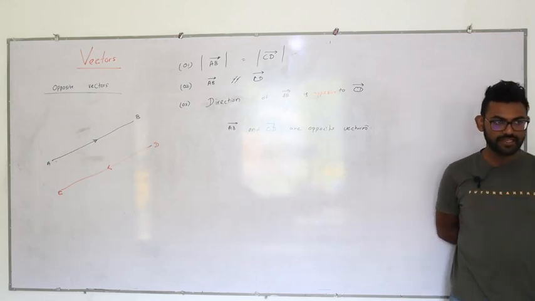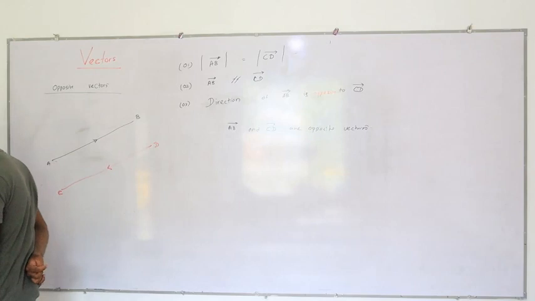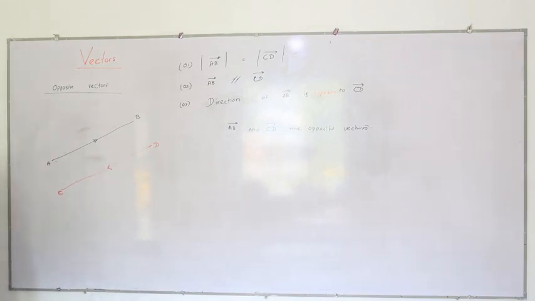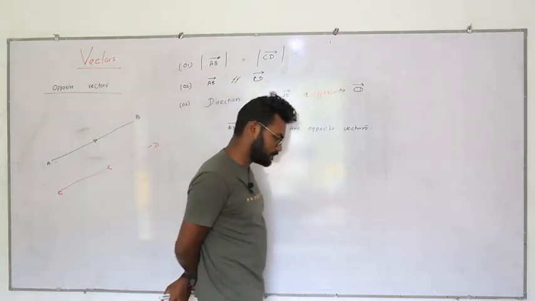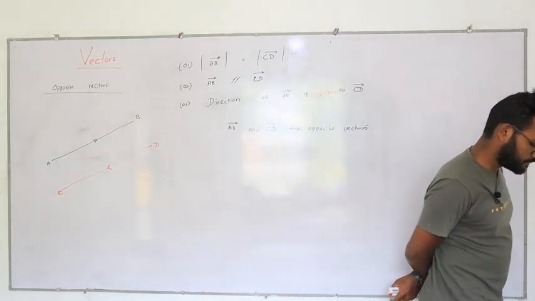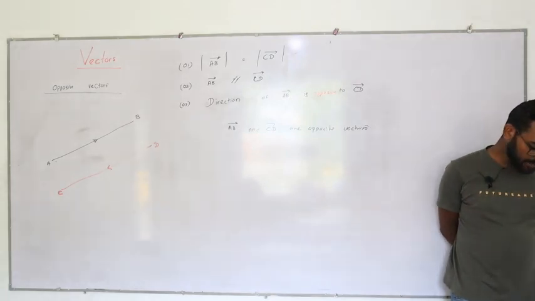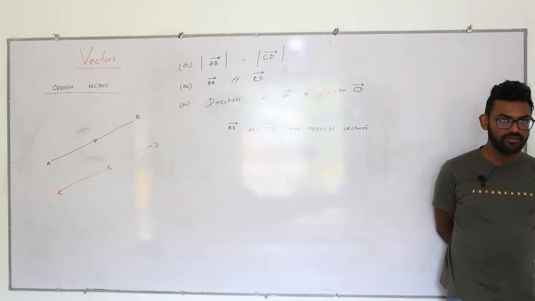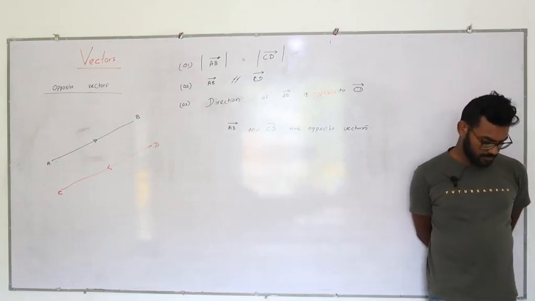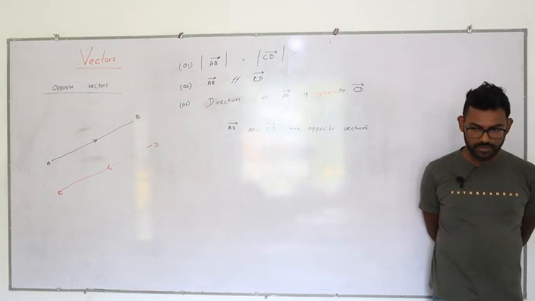We'll continue the same thing. Since the action of one vector is neutralized by the other vector, the addition of two opposite vectors becomes 0.